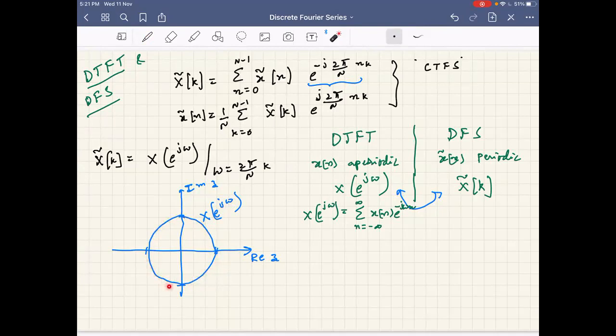Whichever I have plotted here is e power j omega for different values of omega, right? Because for this, r is equal to 1, and omega can be 0 here. For this omega is 0, and this probably omega is pi by 4, and similarly for this omega is pi by 2, and so on.